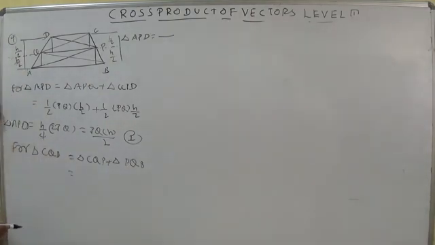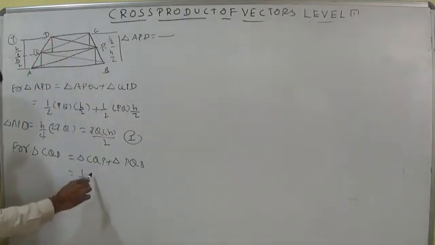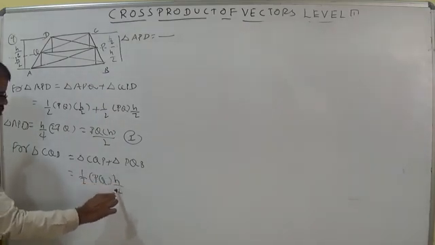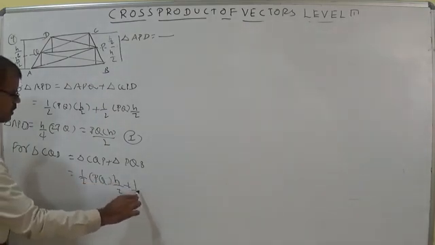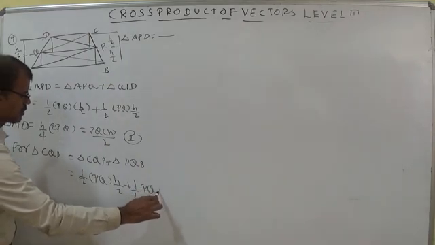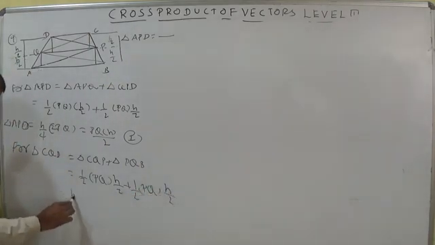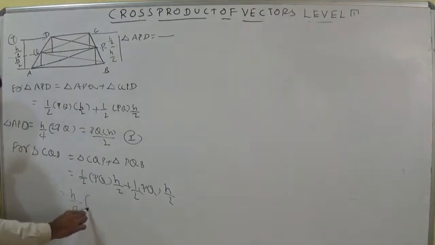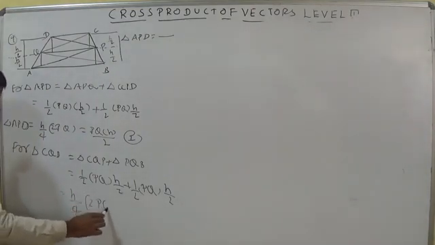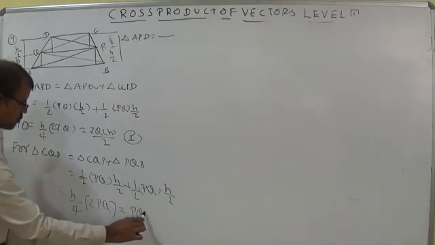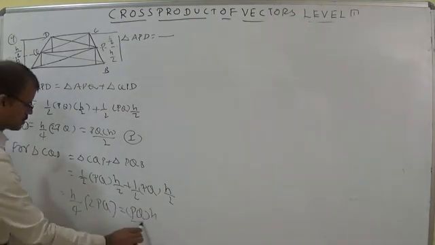What is delta CQB? Same base, same height. So you can say 1 by 2 into PQ into H by 2 plus 1 by 2 into the same base PQ and the value H by 2. Taking H by 4 common, PQ plus PQ becomes 2PQ, that is equal to PQ into H by 2.